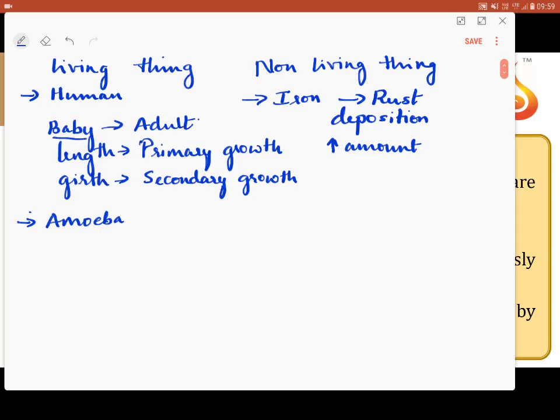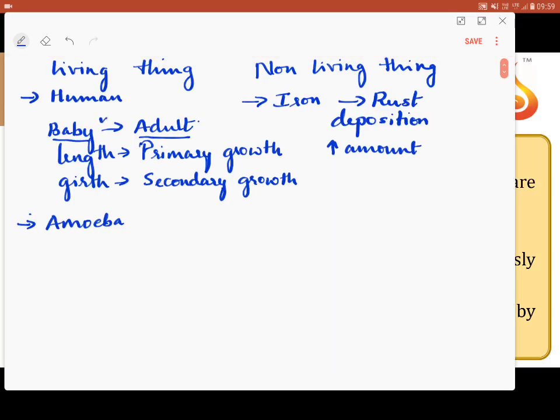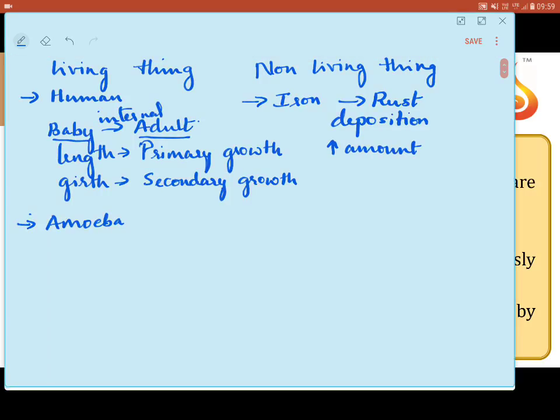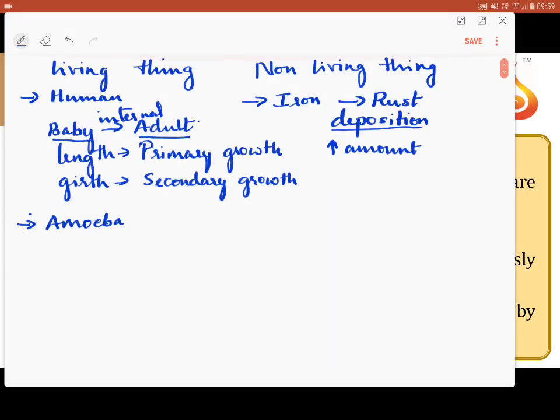In human baby, when it is growing to form into an adult, the growth is internal. Whereas, in case of iron, the deposition is external. In other words, in non-living things, growth happens through accumulation, whereas in living things, the growth happens internally.